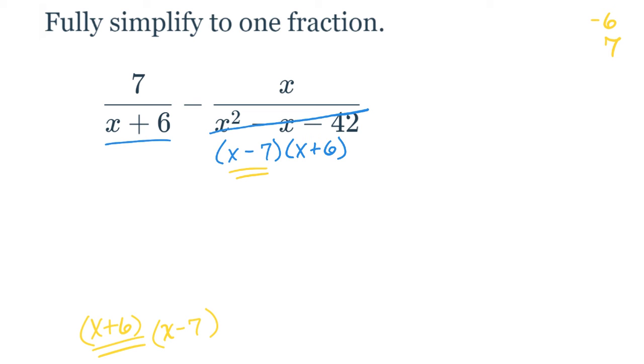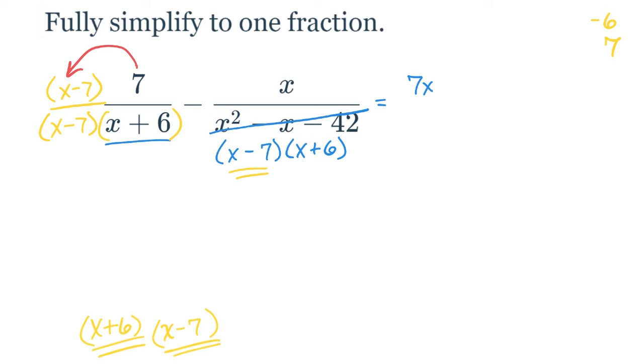So the right side doesn't need any manipulation. The left side is lacking an x minus 7. So what we're going to do is give it what it's lacking, x minus 7. We will multiply numerator and denominator times what it needs. This would be a distribution in the top. 7 times x. We'll put our result over here. 7x.